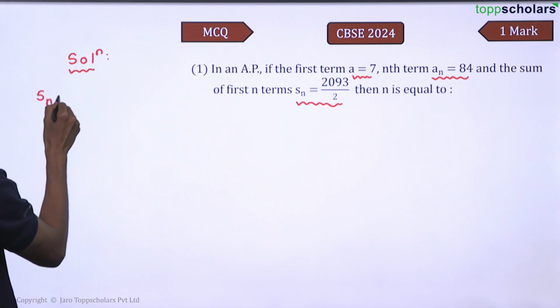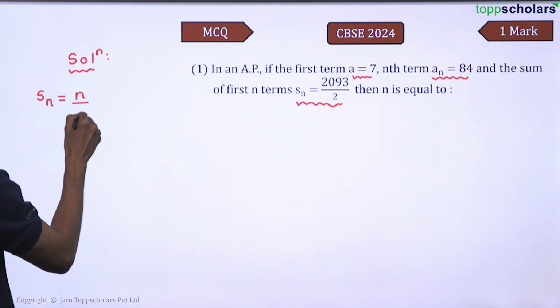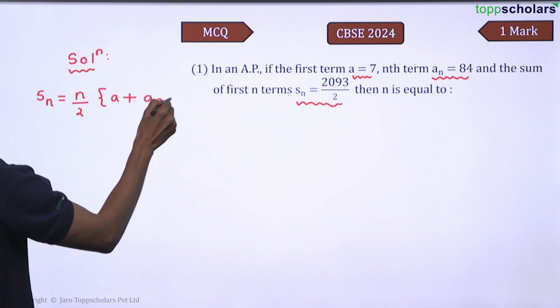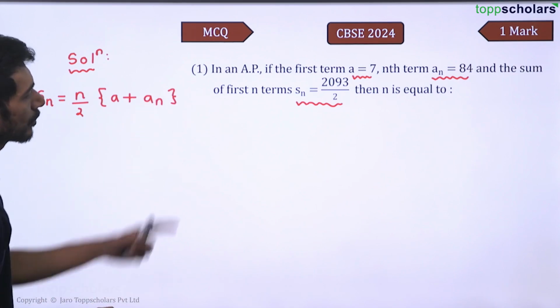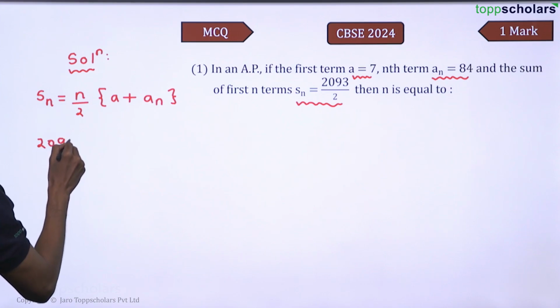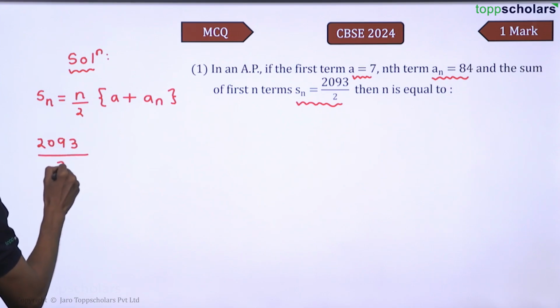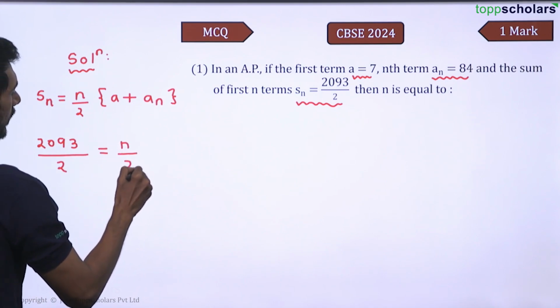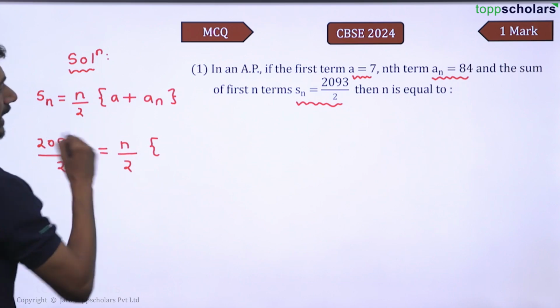The formula for Sn is equal to n by 2 (a plus an), right? So what is Sn? Sn is 2093 by 2 is equal to n by 2 (a plus an).